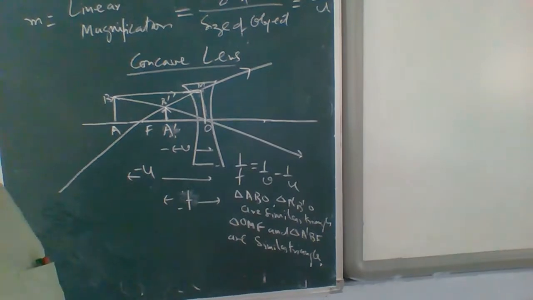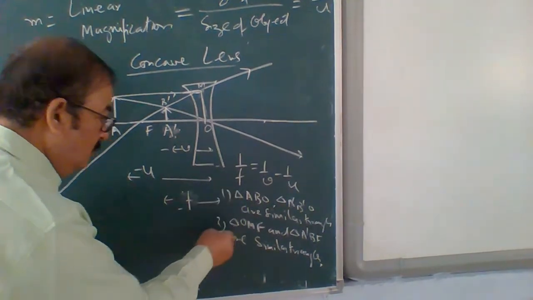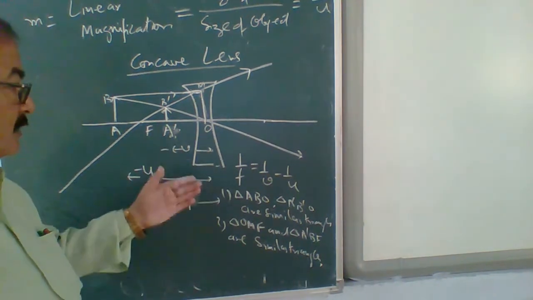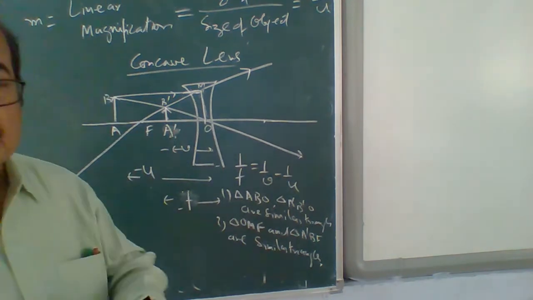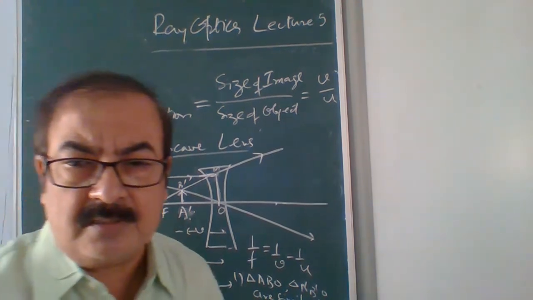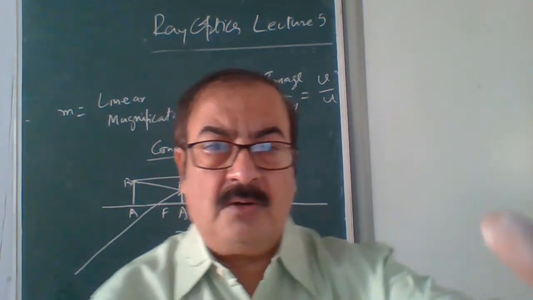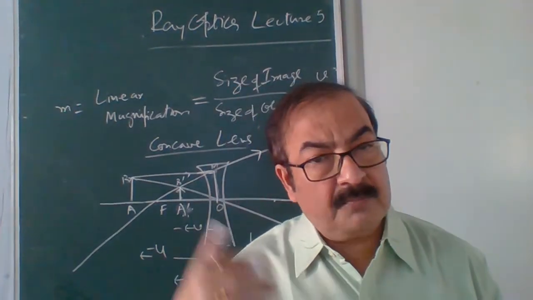We have just observed the pairs of similar triangles. By using a similar method, we can derive the same formula for concave lens also. In that way, we have discussed the rays, the lenses, concave and convex, and we have seen the lens maker's formula in the previous lecture.